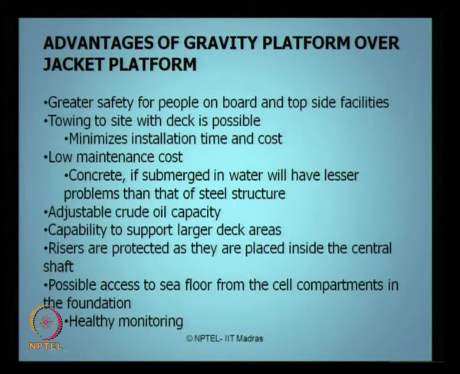They also create possible access to the sea floor from the cell compartments in the foundation, which gives a very healthy monitoring system for these platforms. These are considered to be comparative advantages of gravity platforms with respect to steel jacket platforms. Of course, both of these platforms are fixed type of offshore structures.